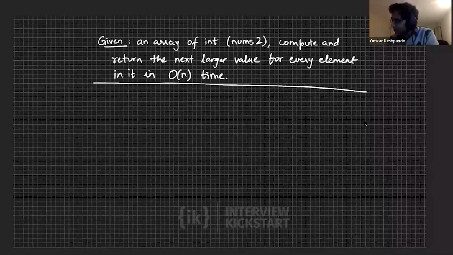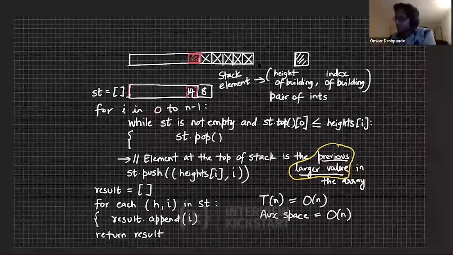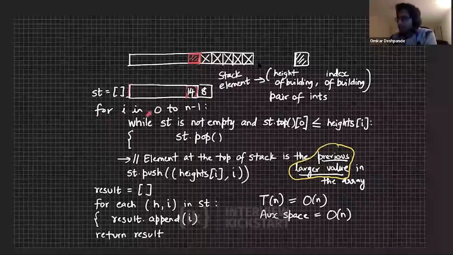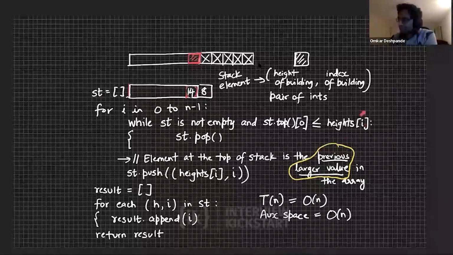I'm trying to stick to the code that we had written. Let's go back to the first problem, since again we're given an array here. So we initialize an empty stack, and then for each element in the array, while the stack is not empty and the element at the top of the stack is less than or equal to our current element, we pop the stack.